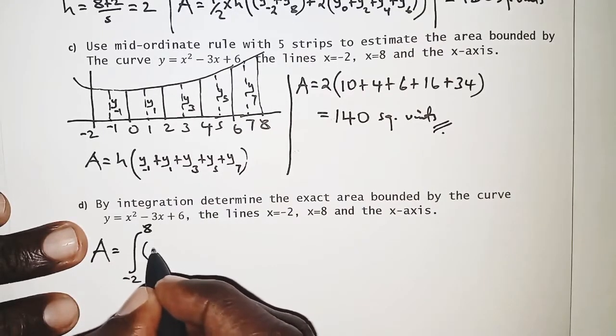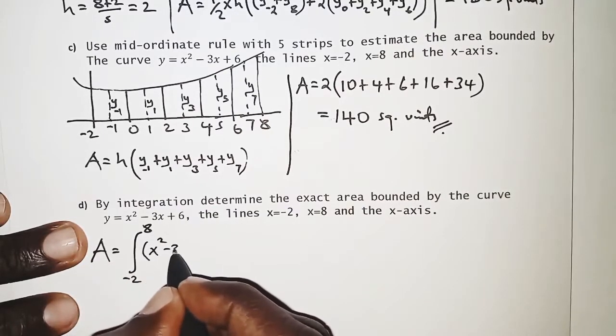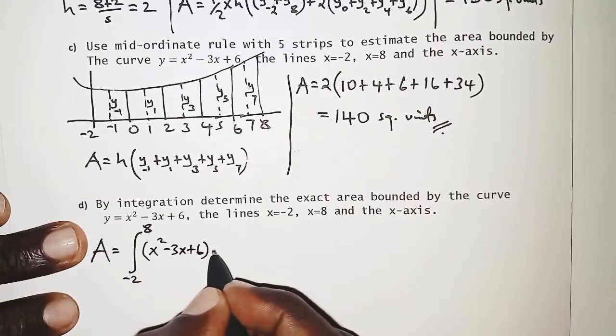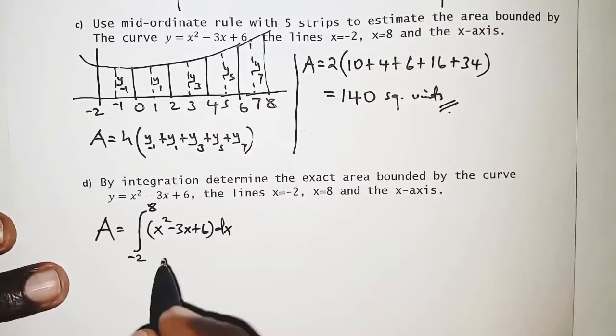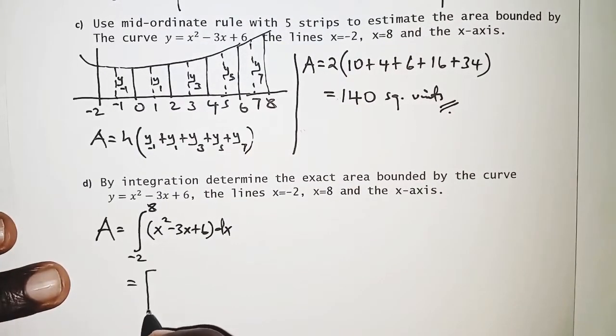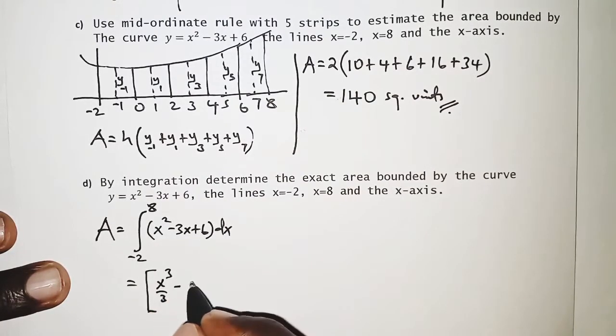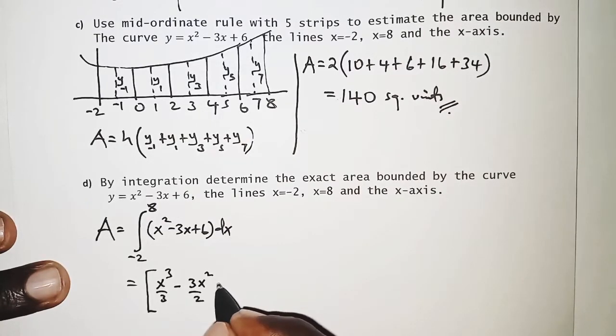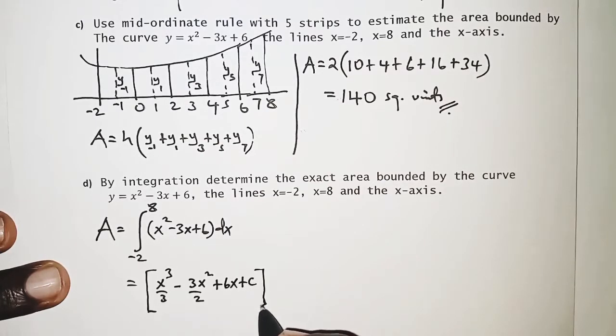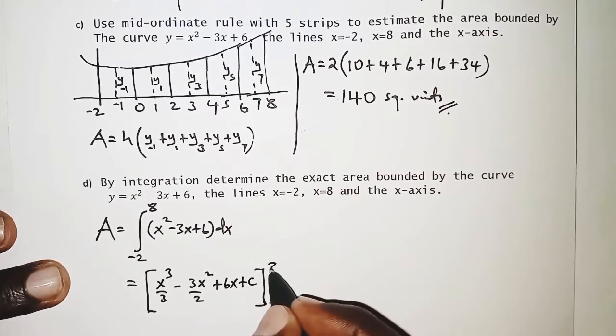So we integrate that with respect to x, so that upon integrating we will simply have x cubed over 3 minus 3x squared over 2 plus 6x plus a constant c. So that is within the limits negative 2, 8.